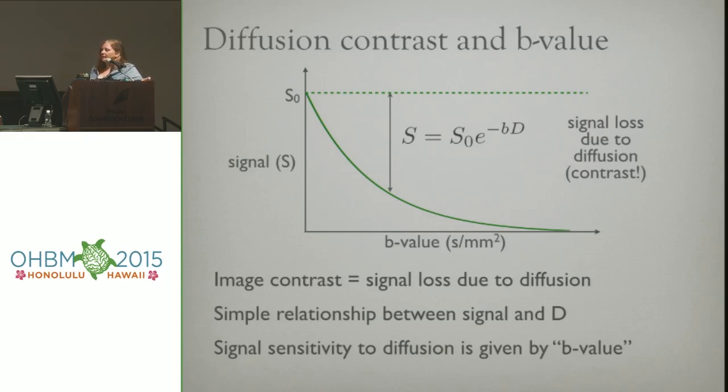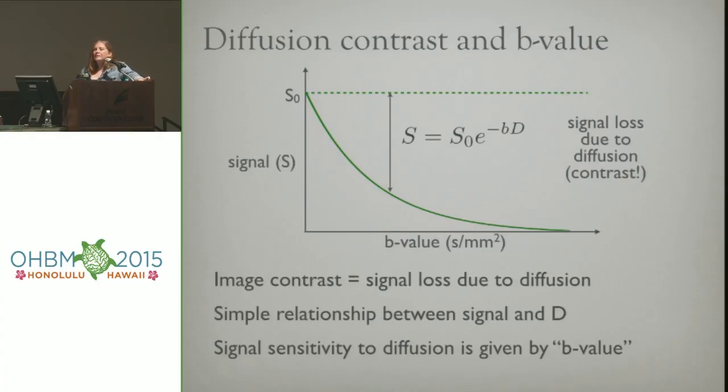So the dashed line basically represents the amount of signal that you would have if there was no diffusion at all. Okay? And then the solid line represents the signal that you have when there is diffusion. And so what you can see is the contrast then is the difference between those two things. And that is what drives your ability to estimate that diffusion coefficient.